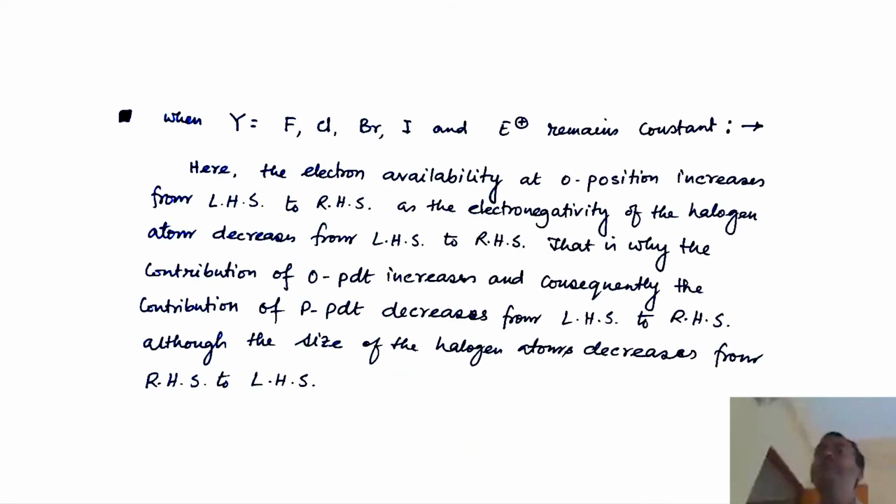But there is an exception in case of your halogen series. If you see the halogen series, from fluorine to chlorine to bromine to iodine, their size actually increases, but in this case the order is actually reversed.